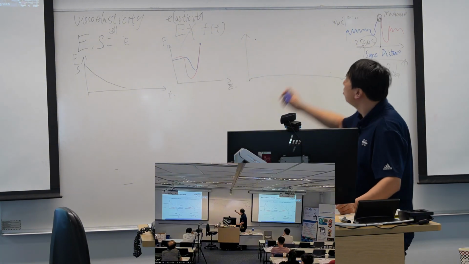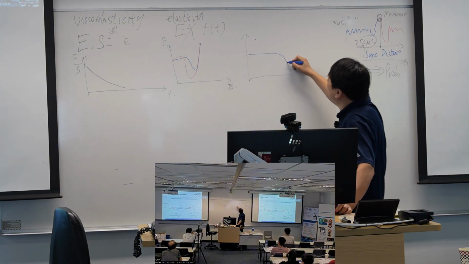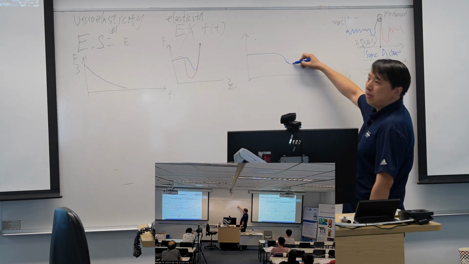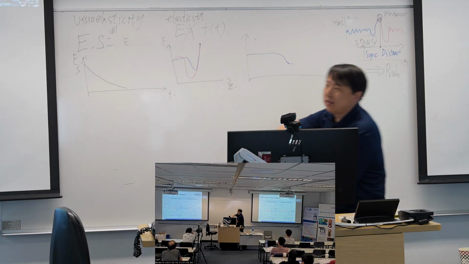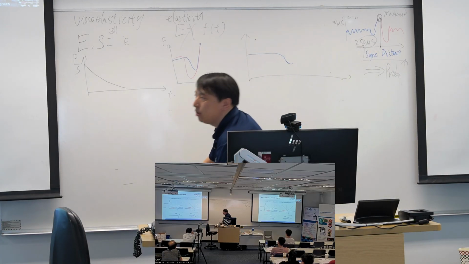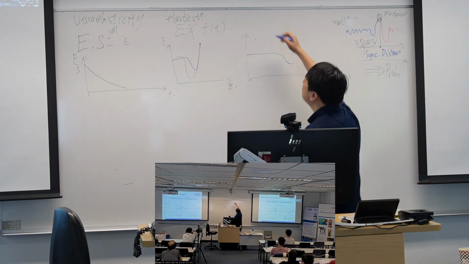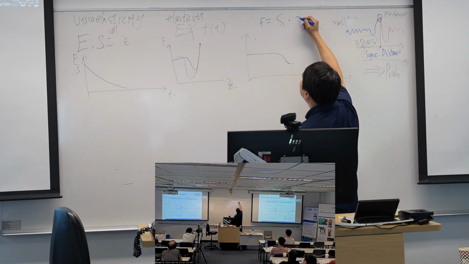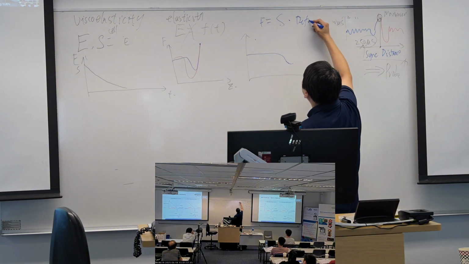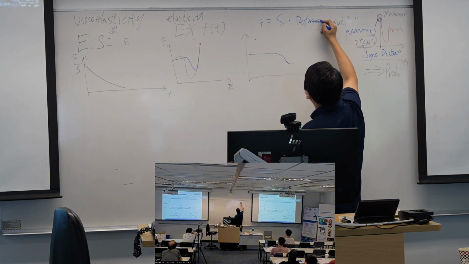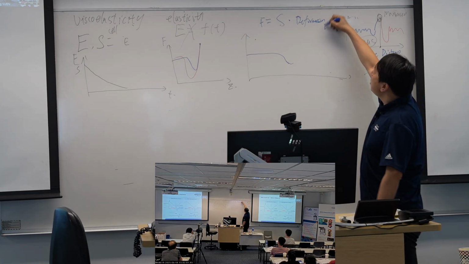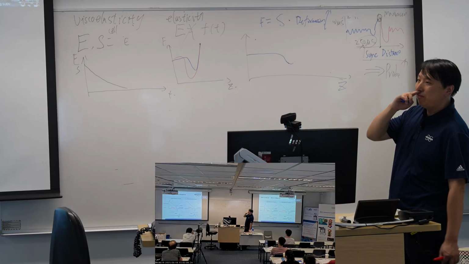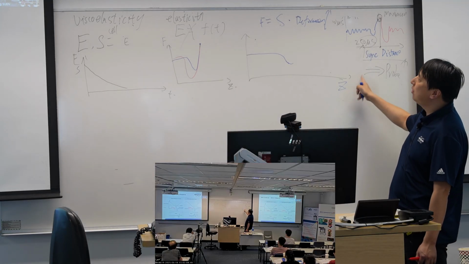But if I do my force curve quite slow, when I compress the cell, the deformation will increase. So I would sense my force equals the stiffness times the deformation. The deformation will increase as my probe's Z increases.